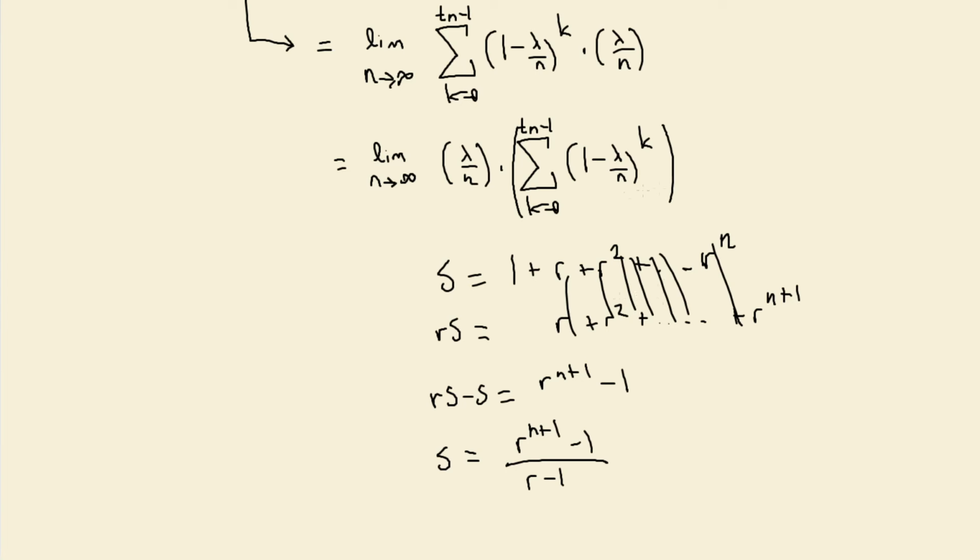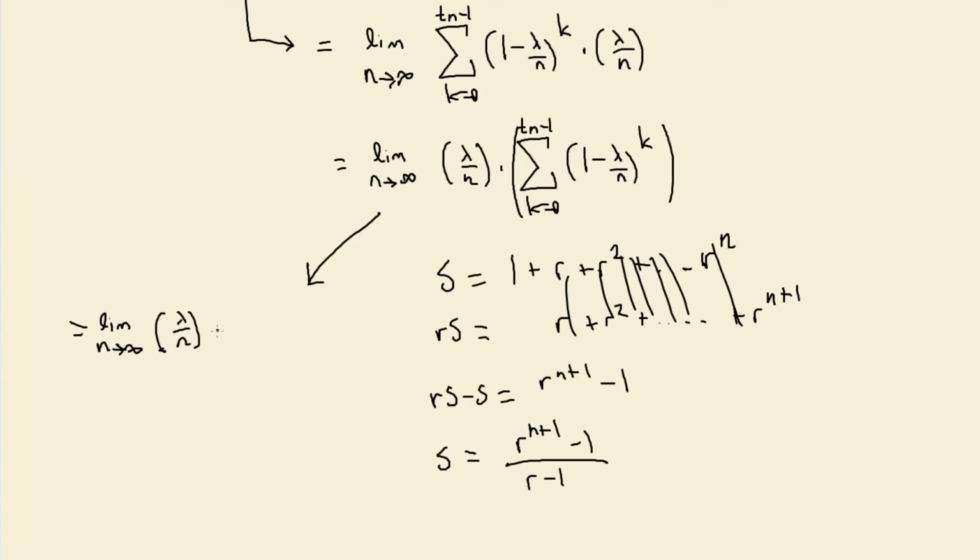And so we can make this substitution here and turn what would go on to be an infinite summation into a continuous function. When we make the substitution using this fact from the geometric series, this is going to become equal to the limit as n goes to infinity of lambda over n times r to the n plus 1.